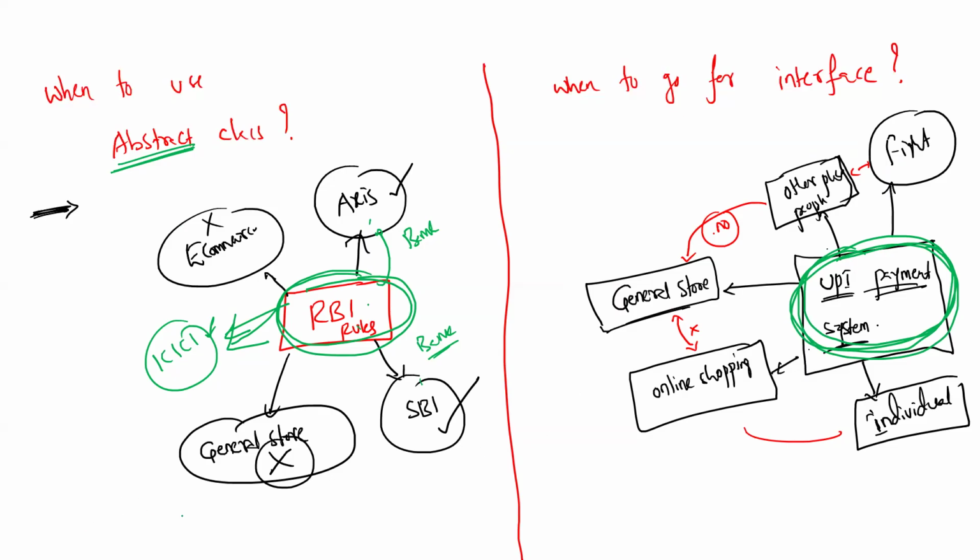If it is used by related classes, use the abstract class. And if it is used by unrelated classes, where there need not be a relation, then you should go for interfaces.